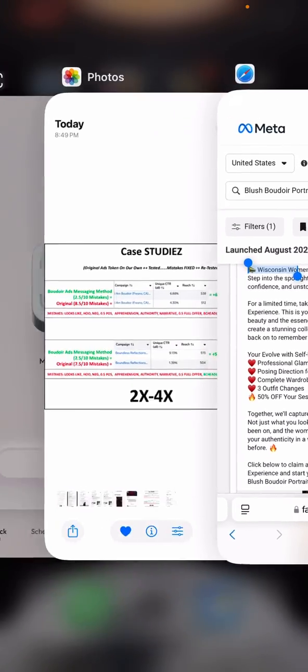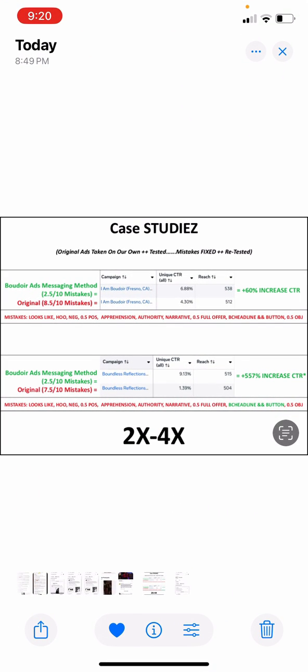Before we start, this is what I've done for some previous ads. I took ads I saw other boudoir photographers running, fixed some mistakes, the same exact things I'm going to talk about today, and I averaged 2 to 4x more people clicking through the ad.